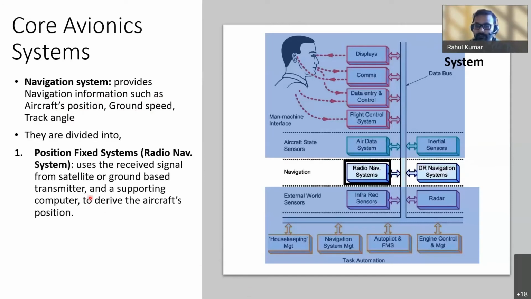The first type of navigation system is your position fixed system or radio navigation system, right? They use radio signals, either from a ground station or from satellite transmitters, to navigate the aircraft.